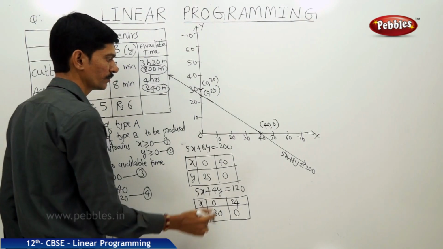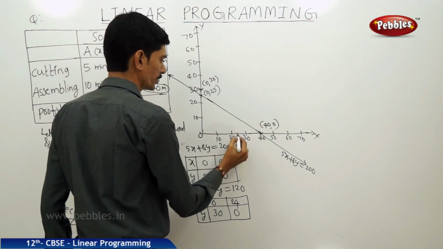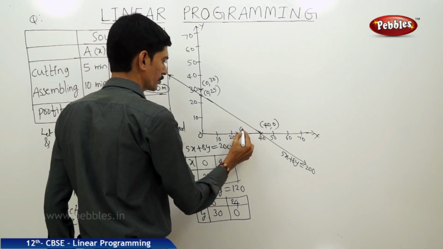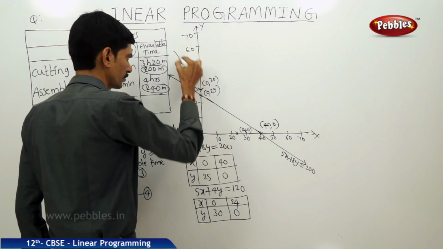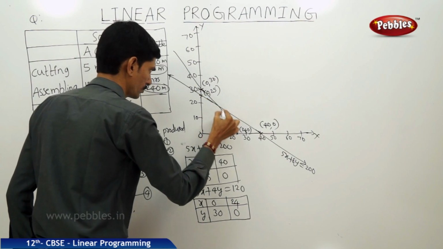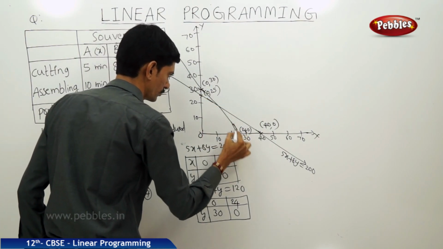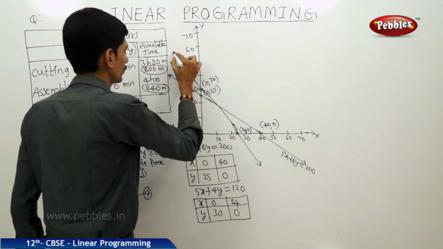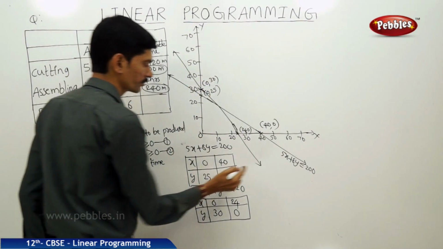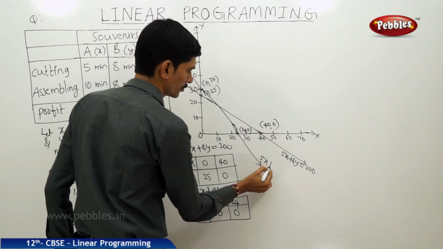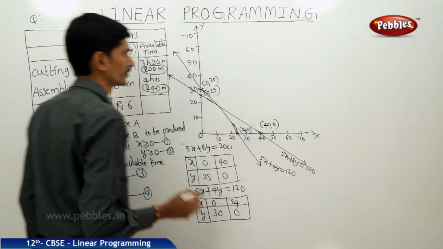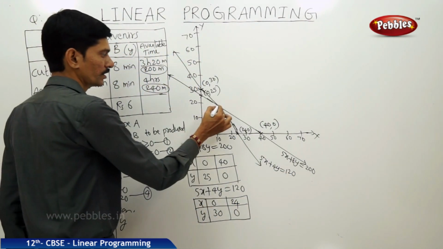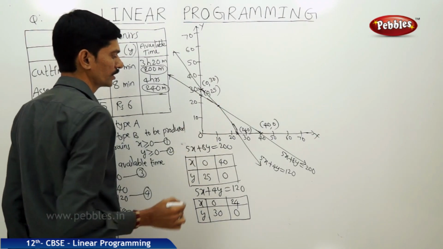Next 24, 0. So this is 5x plus 4y equal to 120.